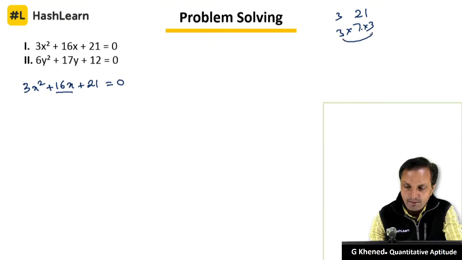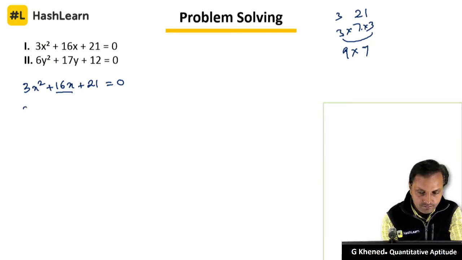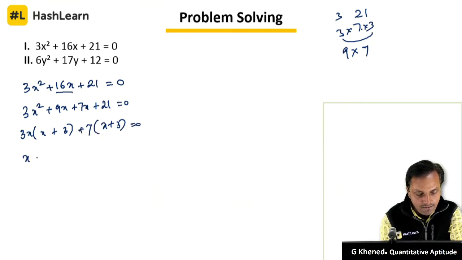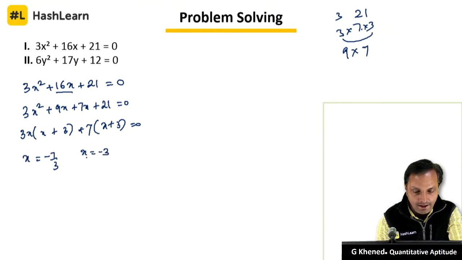So you can multiply 9 into 7. Okay, so 9 plus 7 is 16. Take 3 outside, x outside, x plus 3, x plus 3, that will give you 7. So the value of x is minus 7 by 3 and the value of x is minus 3.